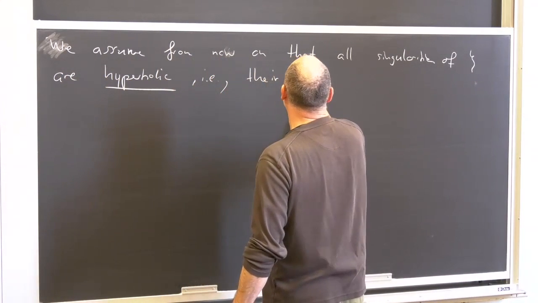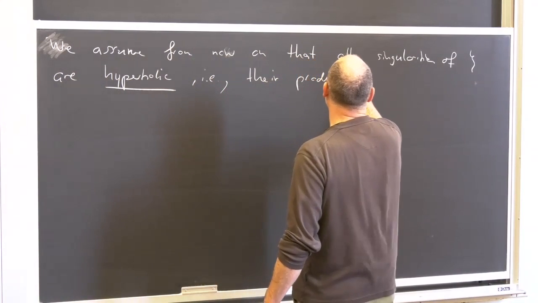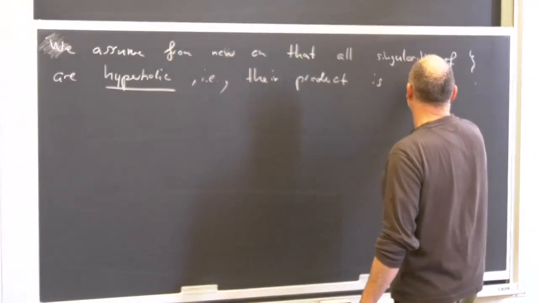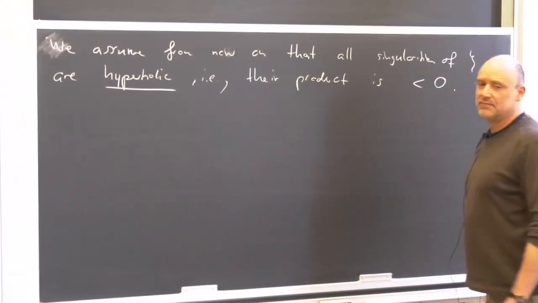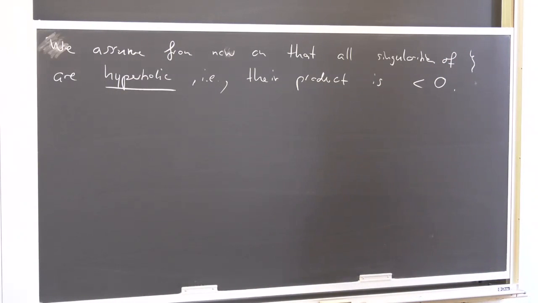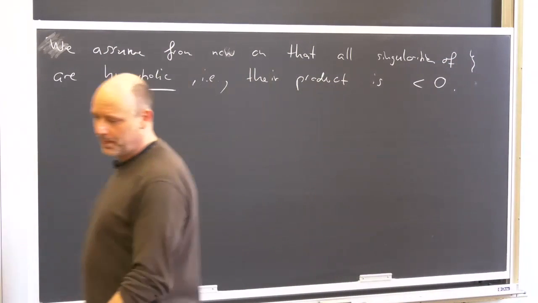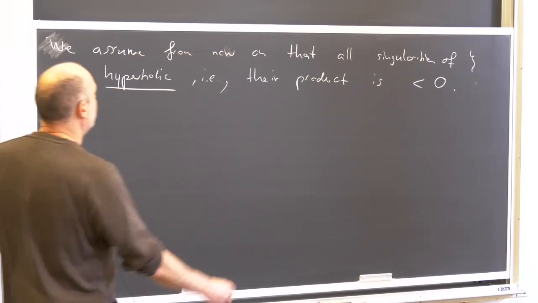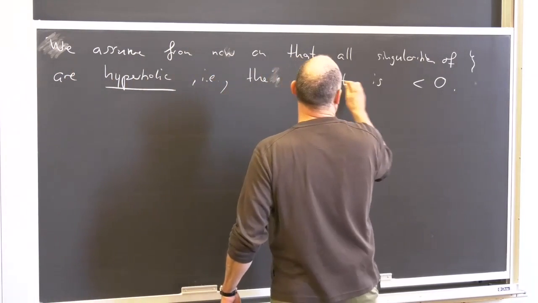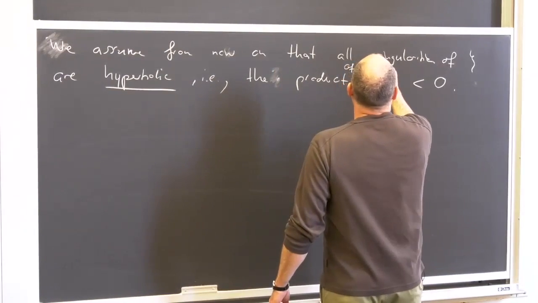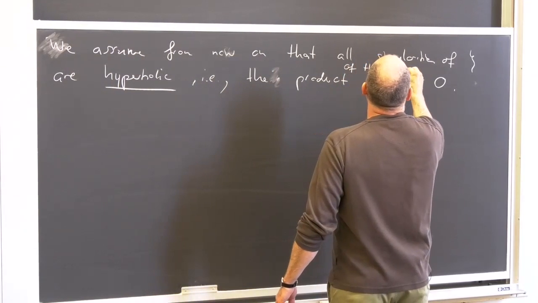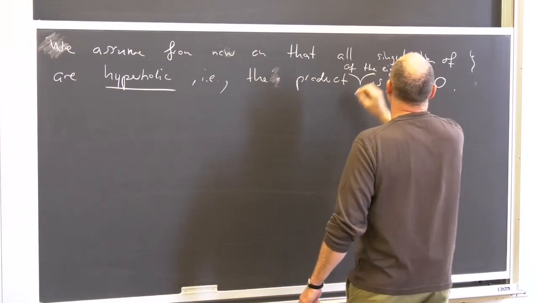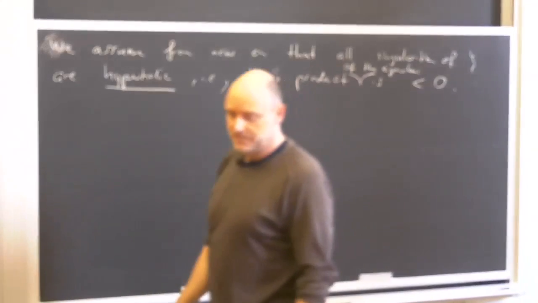Their product, a short way to say this is that their product is less than zero. What do you mean, product? The product of the eigenvalues. The product of the eigenvalues is less than zero, and they are real.